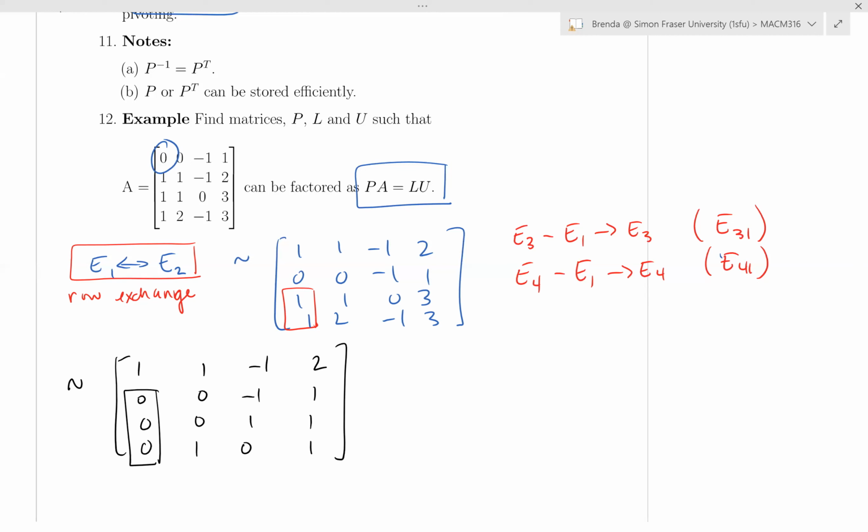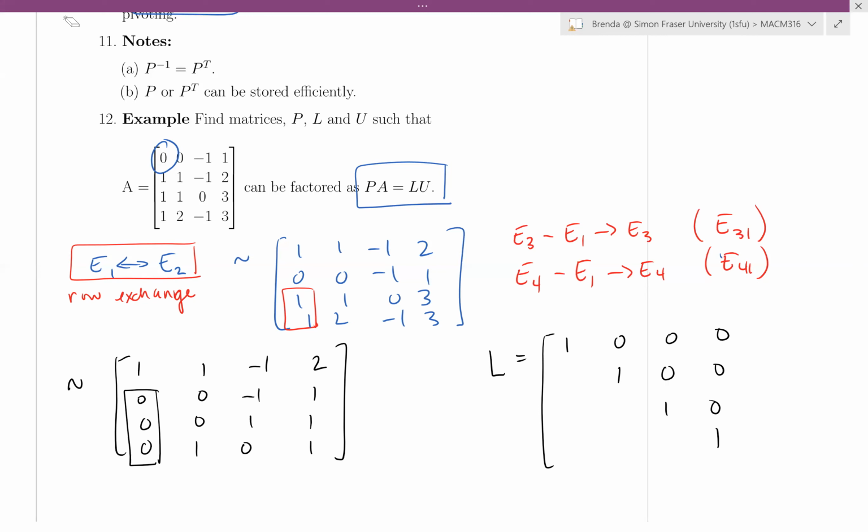In my bookkeeping scheme, I am going to keep track of the row operations in L. So L is going to be my lower triangular matrix. Let us just start here with the identity matrix. I'm going to erase a couple of things and put in what I already know. It is a lower triangular matrix, and it is these guys that I'm going to have to figure out.